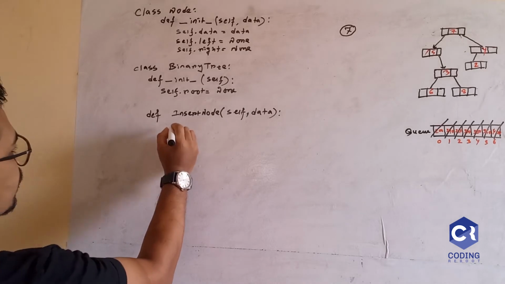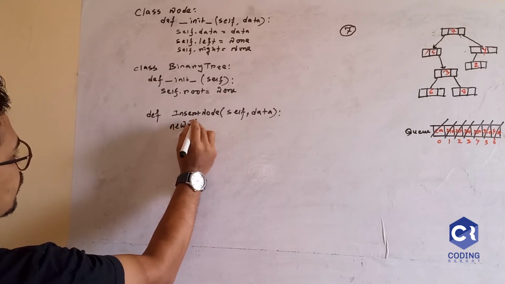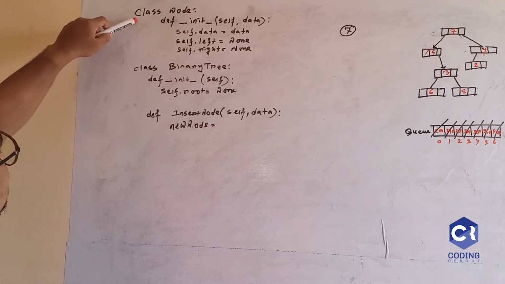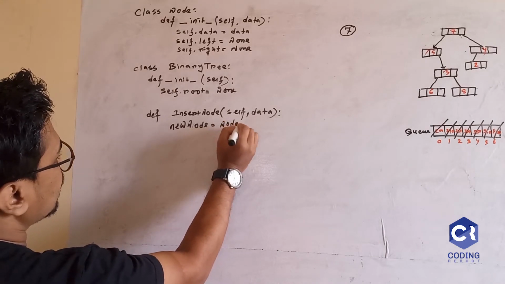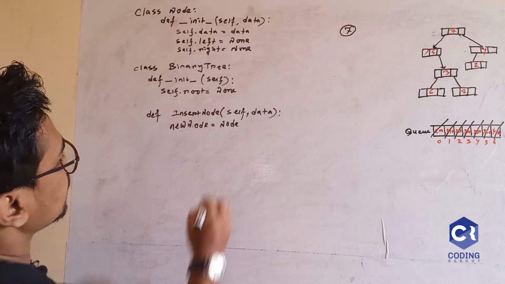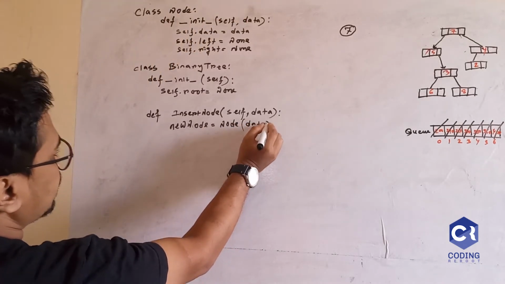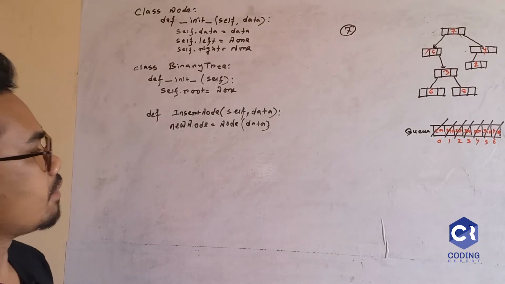Now create a new node using which class? Using this class Node. And how many parameters is it going to take? Only one parameter, that is data. Now we have created a new node. Now let's check whether our root node is empty or not.